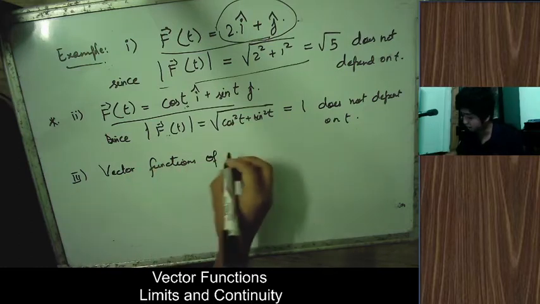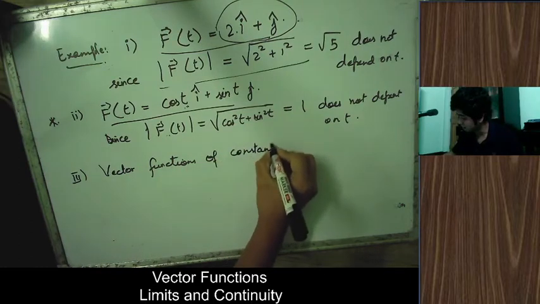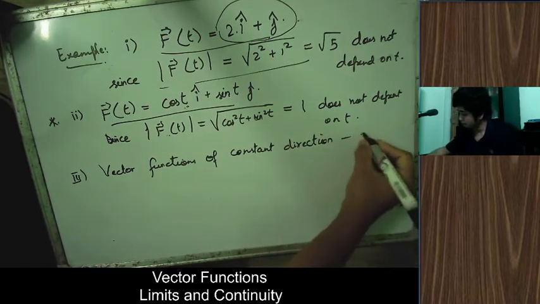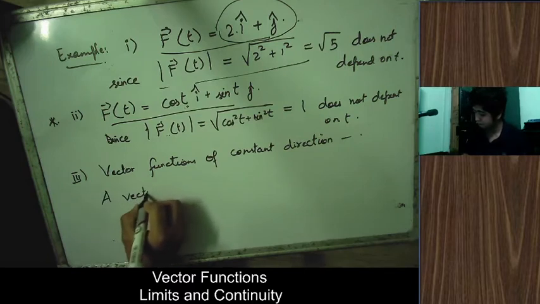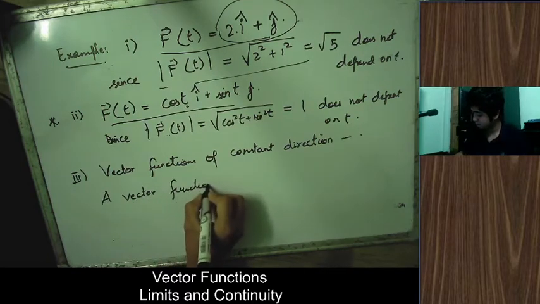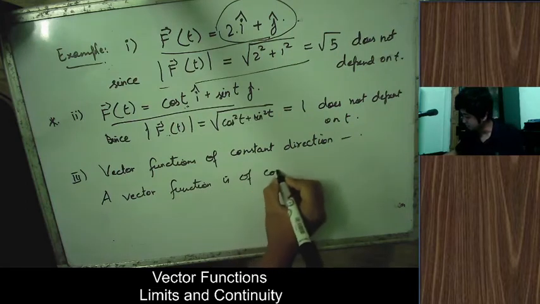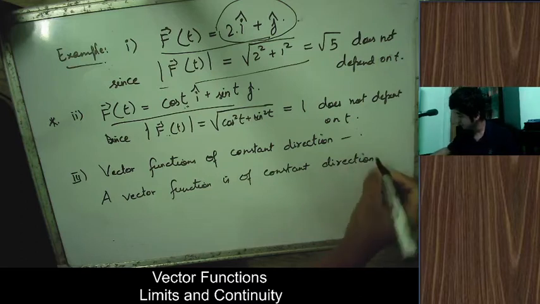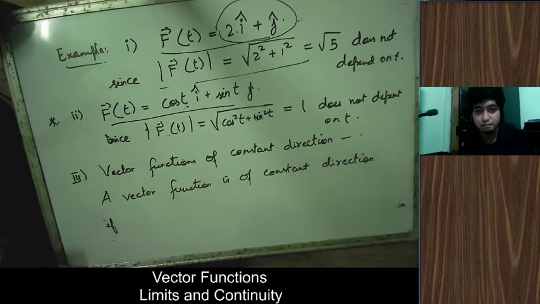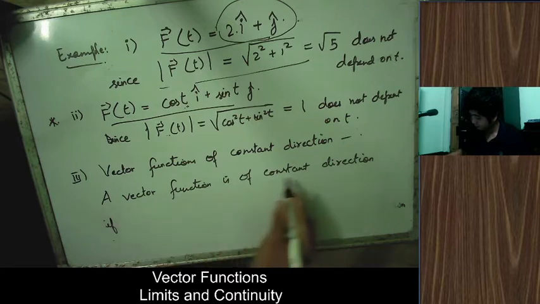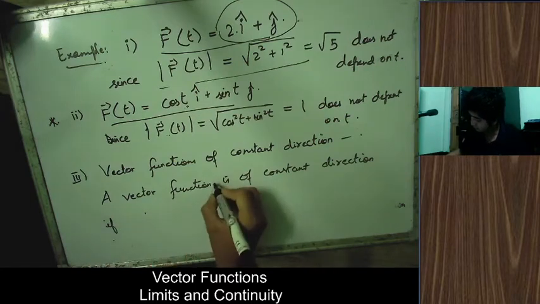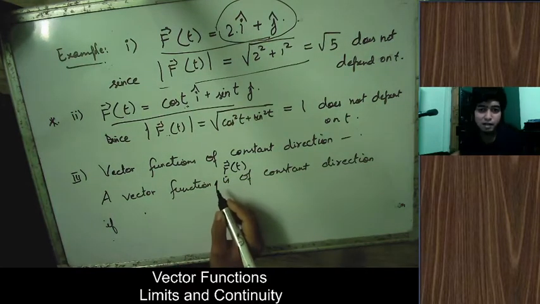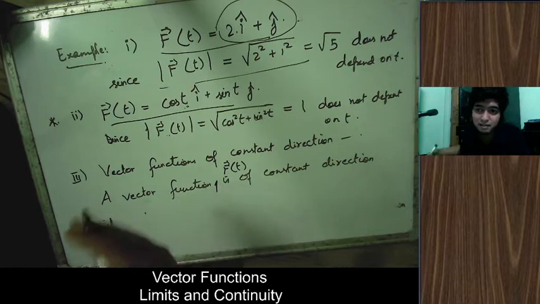The next type of vector functions that we will be doing is vector functions of constant direction. So I will define it. A vector function f(t) is of constant direction if, remember that when we are talking about direction, we just need the unit vector.